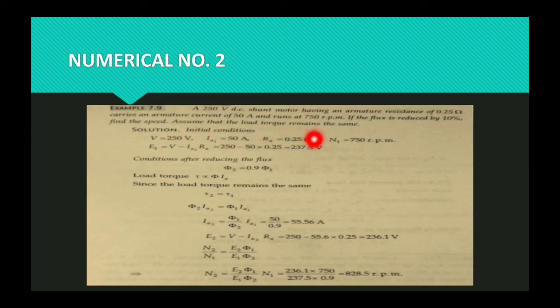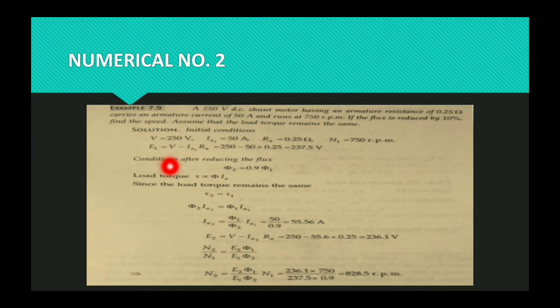Assume that the load torque remains the same. Okay, so here the supply voltage equals 250 volt. IA1, that means the armature current in the first condition, is 50 ampere. RA, the armature resistance, is 0.25 ohm. N1, the speed in the first condition, is 750 rpm.